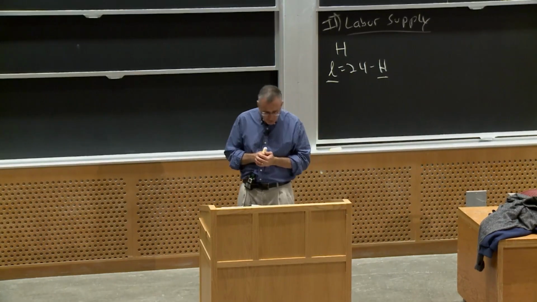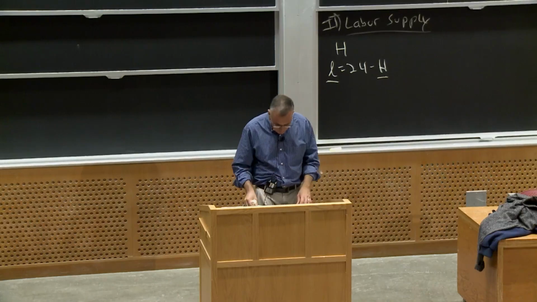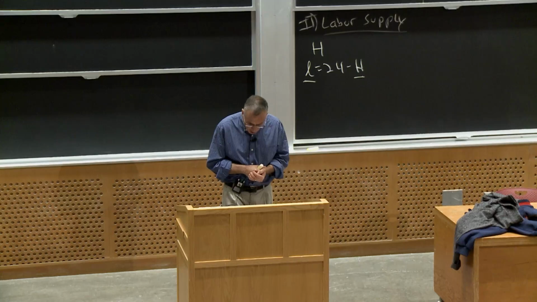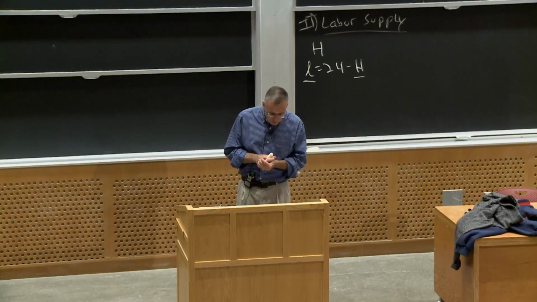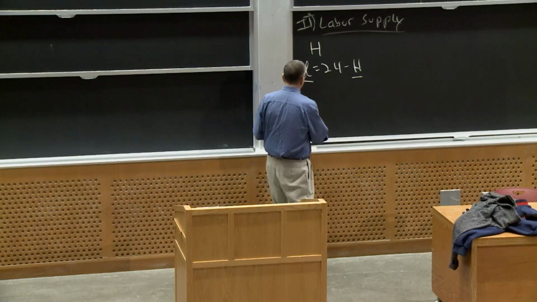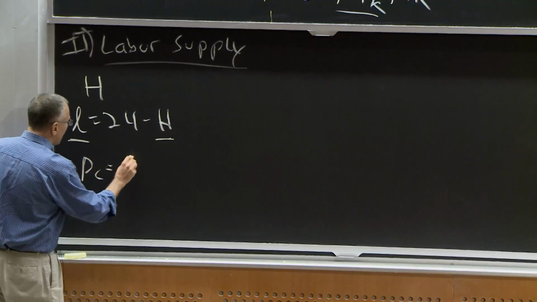So that is the budget constraint. What is the slope of the budget constraint? The slope is minus w. I'm sorry, we're going to make one other assumption to make life easy. We're going to assume that the price of consumption goods is 1.